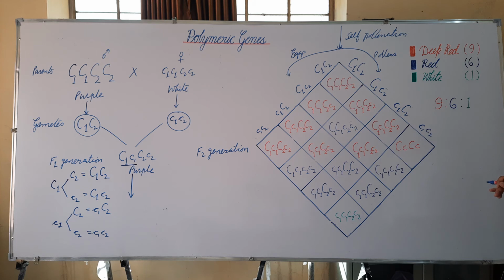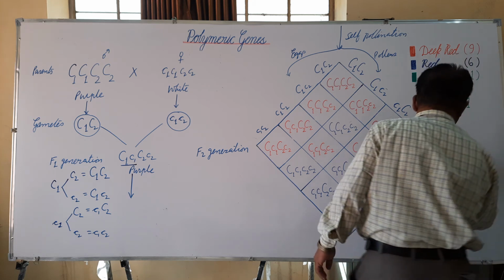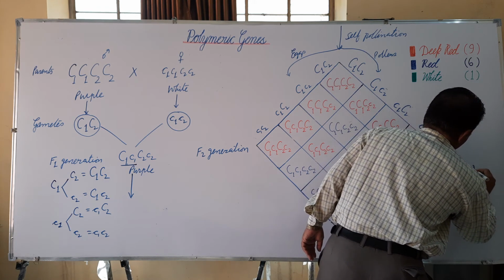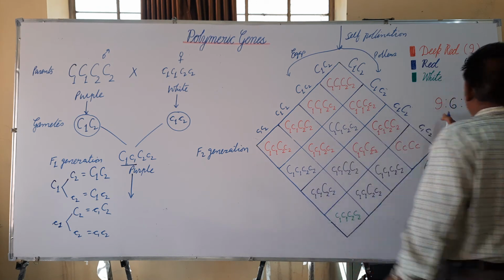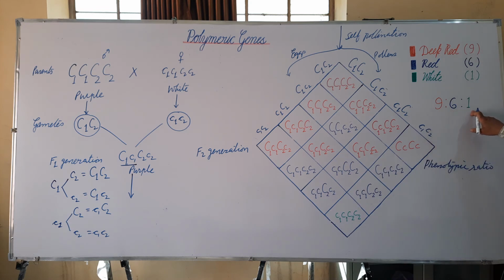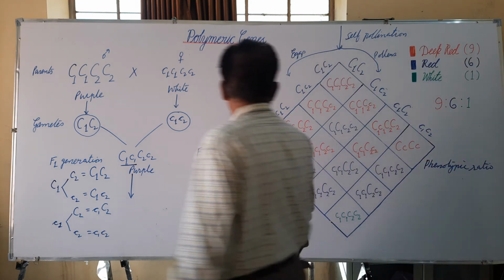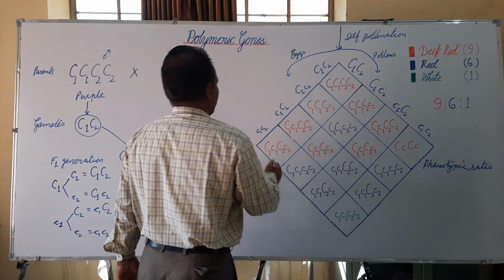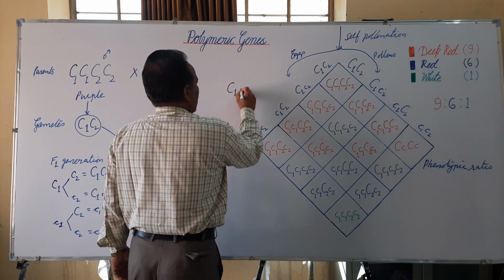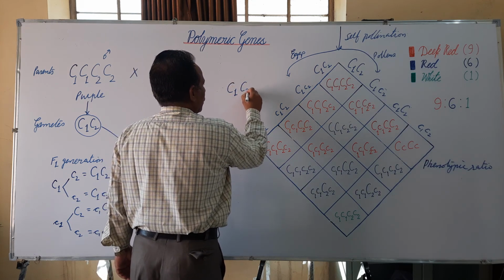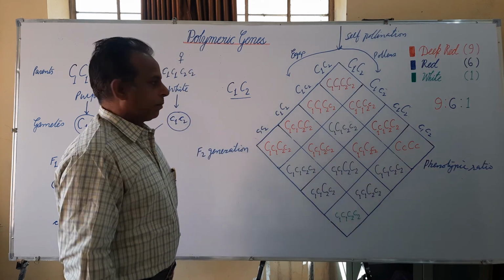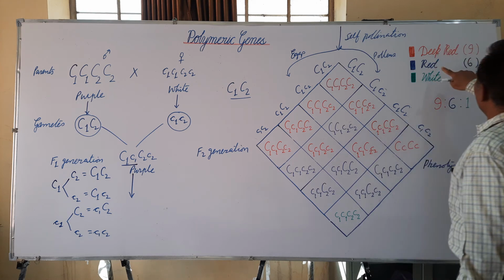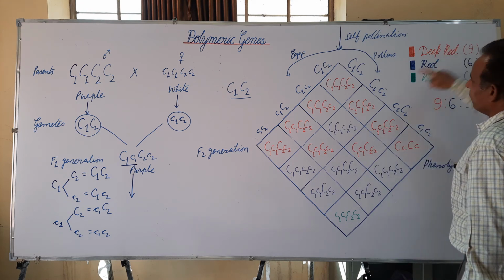As a result, we get the phenotypic ratio 9:6:1. These results revealed that in the presence of the non-allelic dominant genes C1 and C2 together, the phenotypic effect is intensified, meaning it changes from red to deep red.